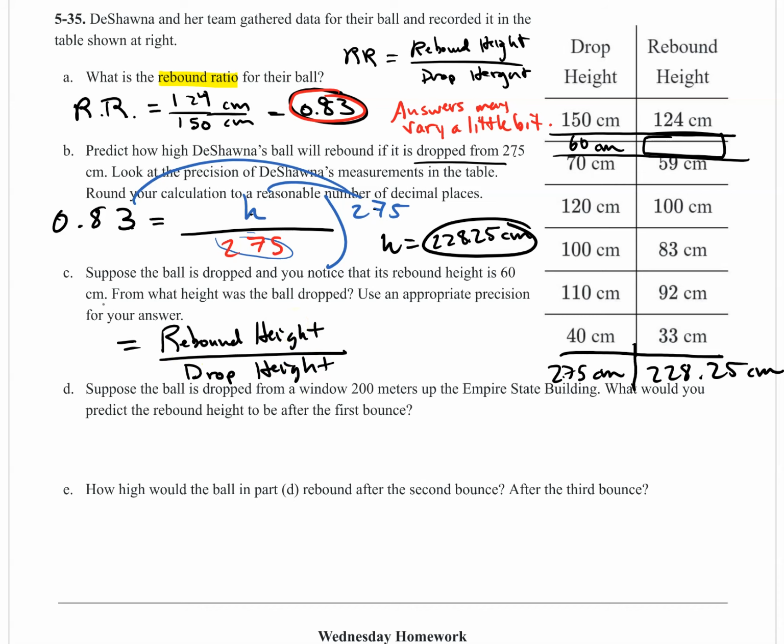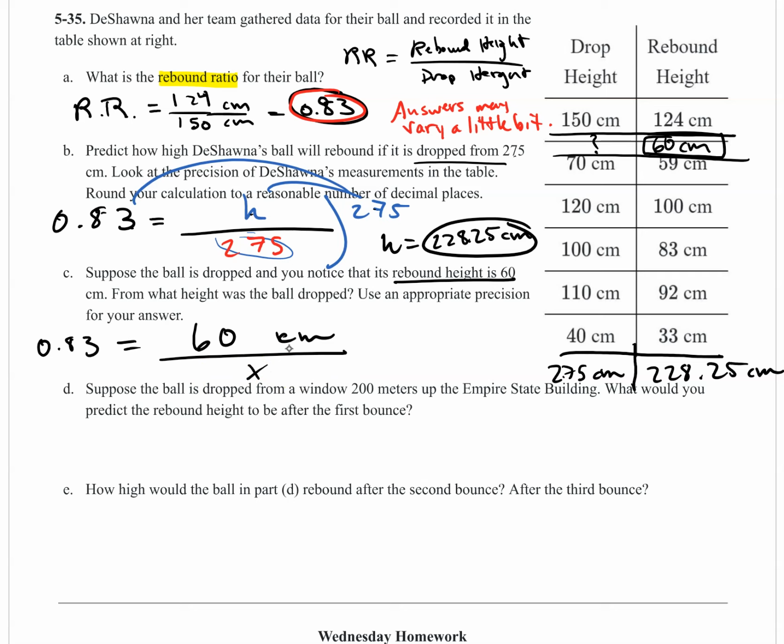So rebound ratio is rebound height over drop height. We can replace the rebound ratio with 0.83 because we know what it is. And we can also replace the rebound height with 60 centimeters. So we're trying to find the drop height. Alright, so 60 divided by what is 0.83?